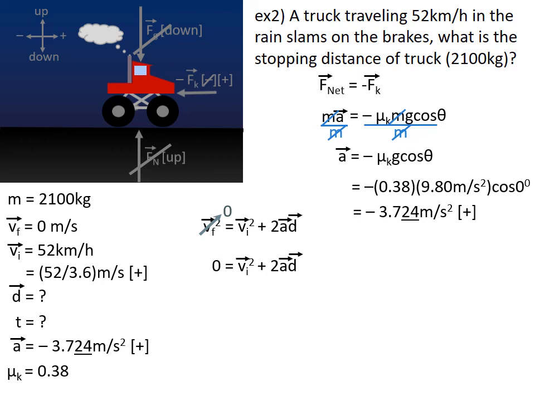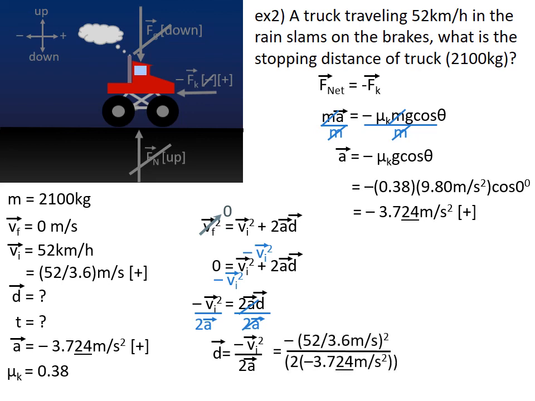The first thing I'm going to do is subtract VI squared from both sides. So now I have negative VI squared equals 2ad. To get d by itself, I will now divide both sides by 2a. On the right-hand side, 2a and 2a factor out. And I have displacement now by itself. Displacement is equal to negative VI squared over 2a.